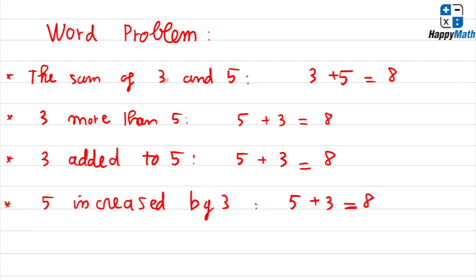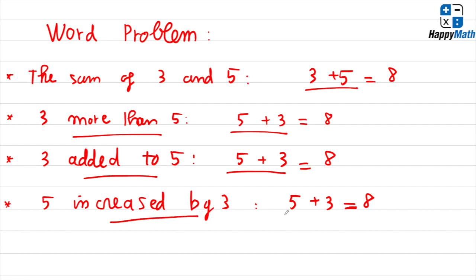So the sum of 3 and 5 means 3 plus 5. 3 more than 5 means 3 plus 5. 3 added to 5 means 3 plus 5. 5 increased by 3 means 5 plus 3. So there are 4 ways of talking about the sum or the addition of 3 and 5.